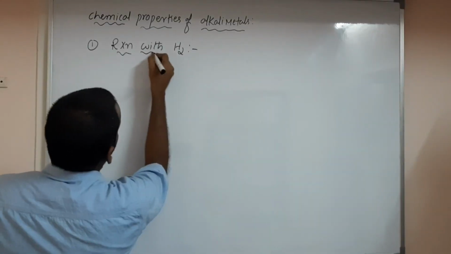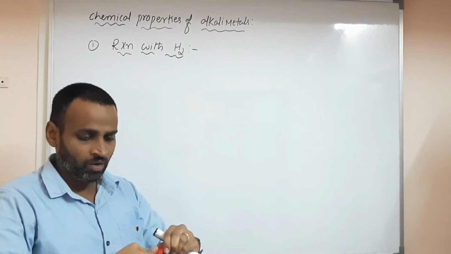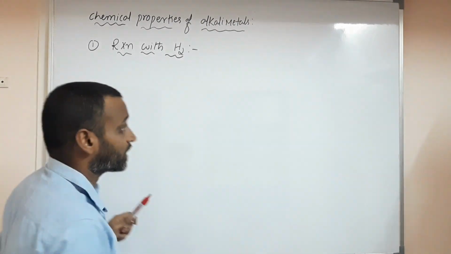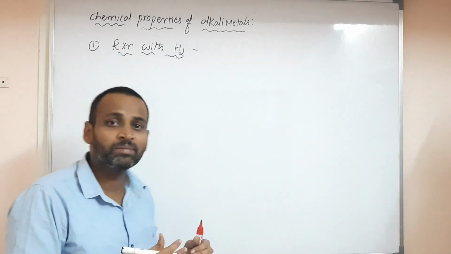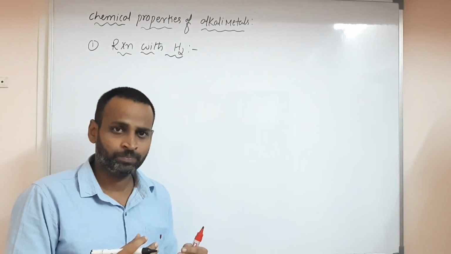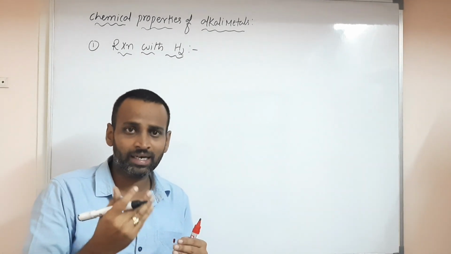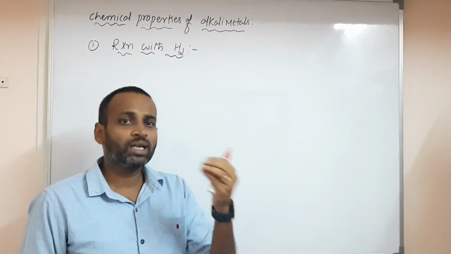Reaction with what, sir? Hydrogen. When alkali metals react with hydrogen, what will you have? Hydrides. Hydrides means H minus, because alkali metals are less electronegative than hydrogen. You already know their electronegativity values, so hydrogen is more electronegative.